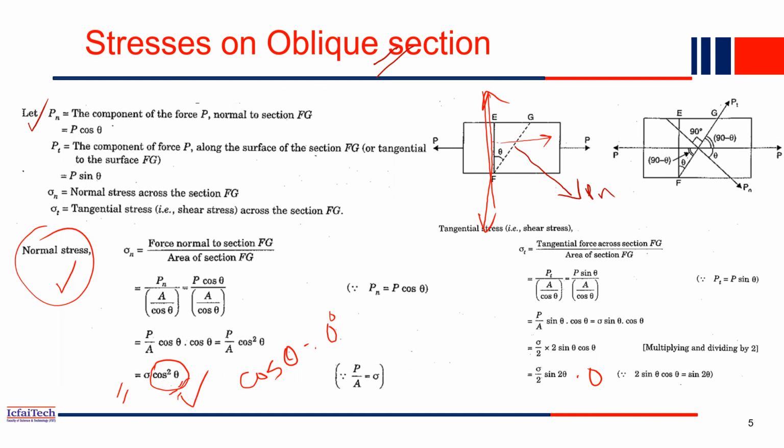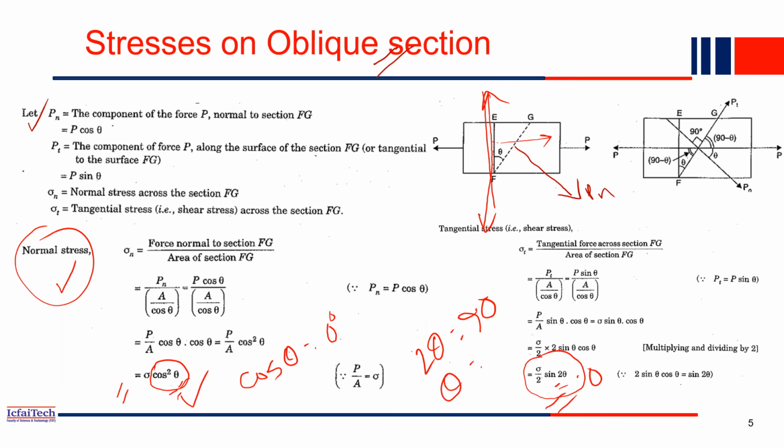Now can you find out at which section the shear stress will be maximum? When sin 2 theta is equal to 1, that is, 2 theta equal to 90 degree, you will get the maximum value. So when 2 theta is equal to 90, you will get the maximum value.